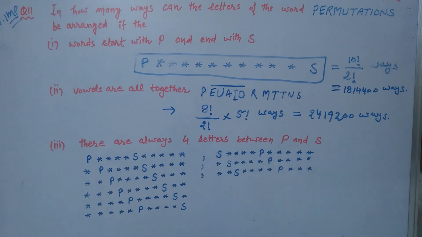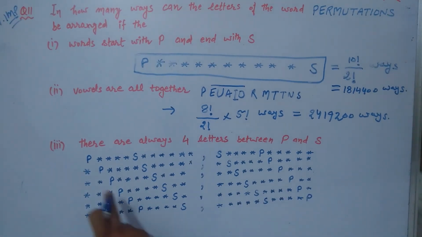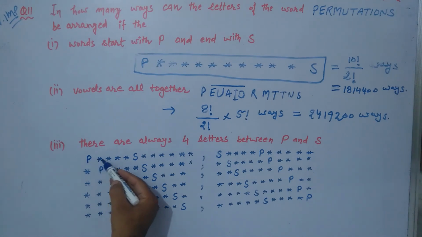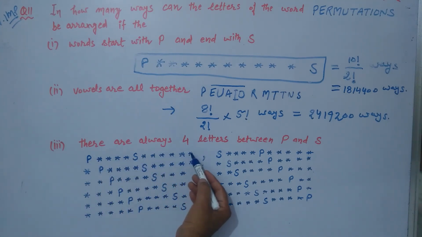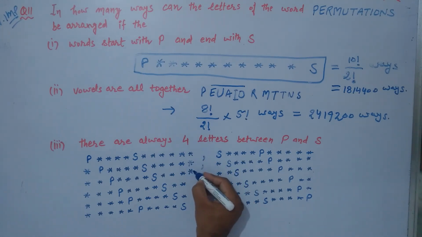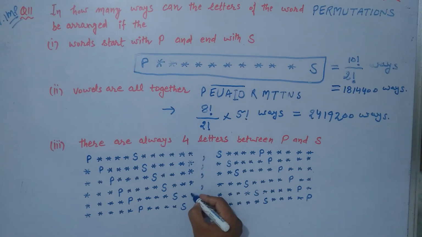Next, the 10th row, 11th row. Sorry, here we have 1, 2, 3, 4, 5, 6, 7, 8, 9, 10, 11, 12 letters, so we have to increase one place in every row.